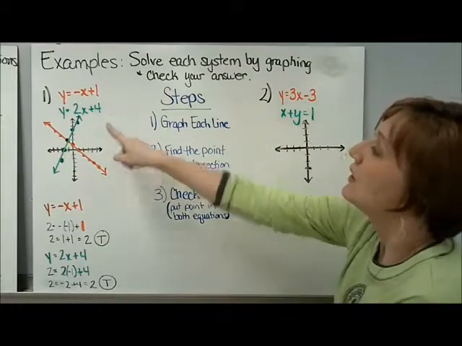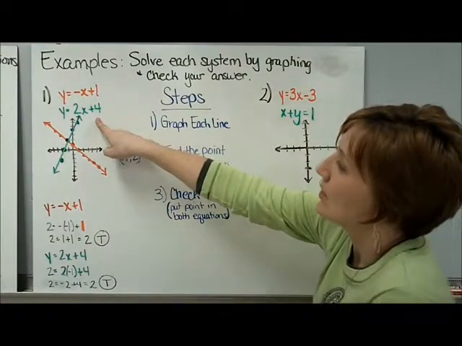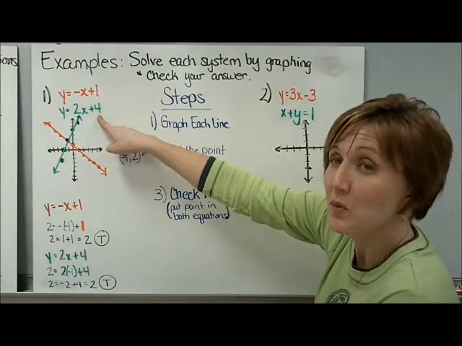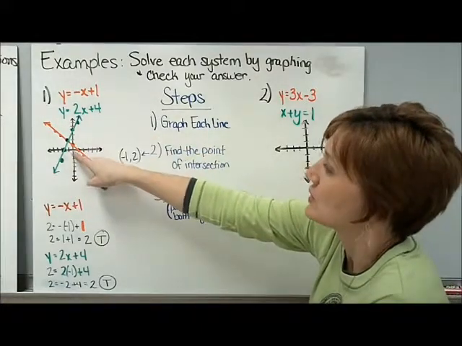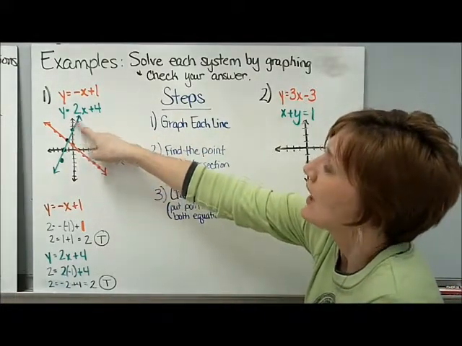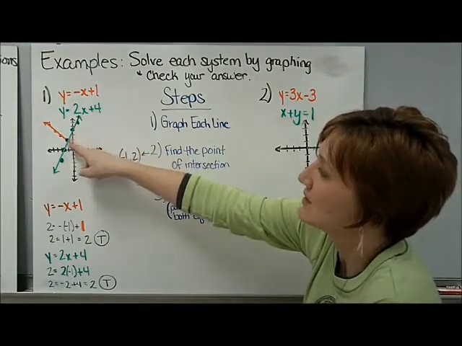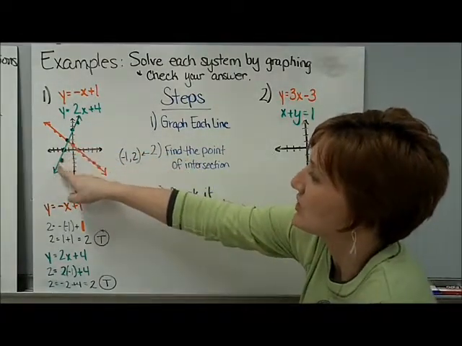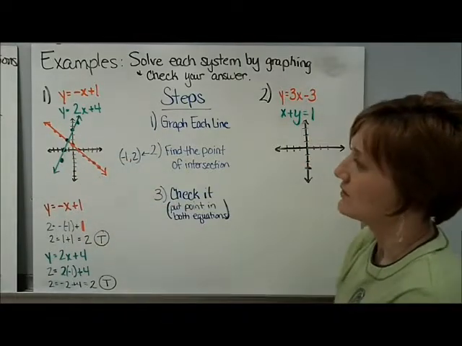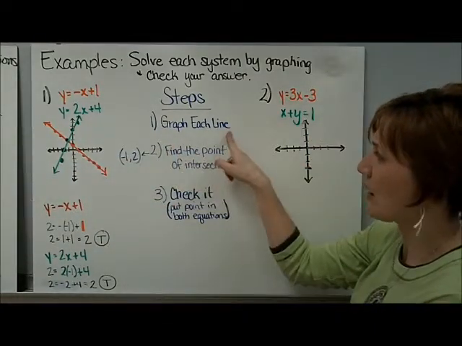Graph that line. In the other line, we have a y-intercept of plus 4, that's our b, up 4, and our slope is going to be over 1, up 2. I added some extra points in here and backed our equation up and graphed this line. That's the green line. So we've graphed each line.